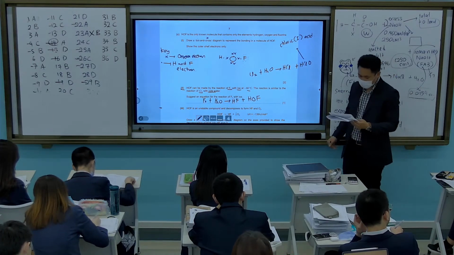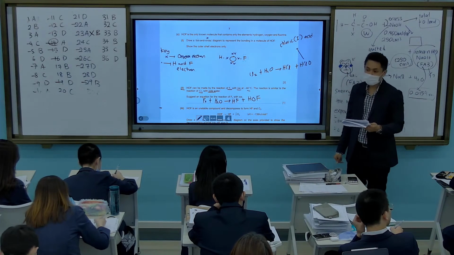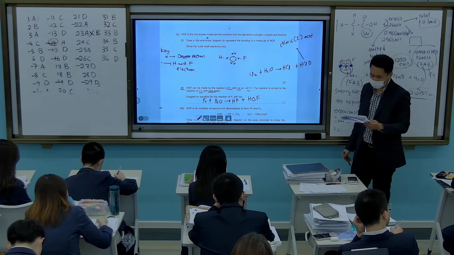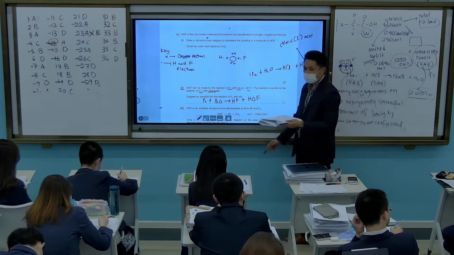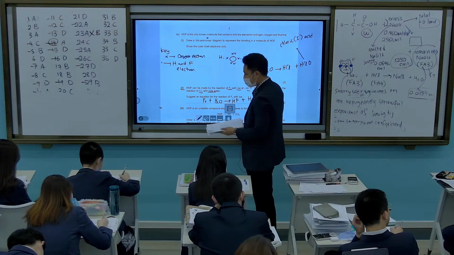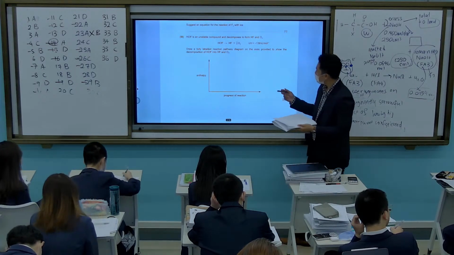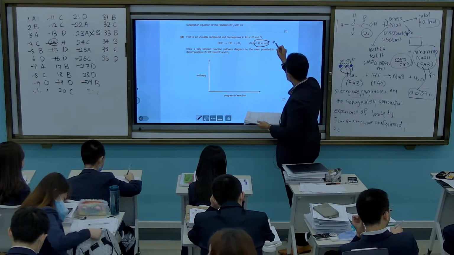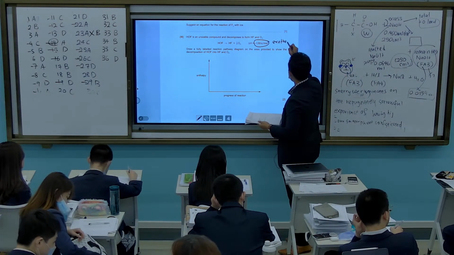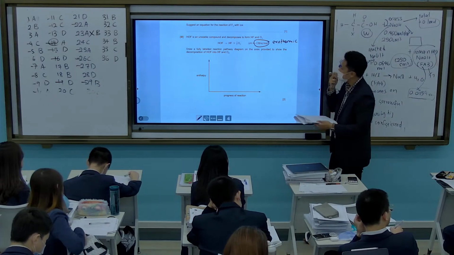Now, for part 3, they say HOF is an unstable compound, and it decomposes to form HF and O2. So I'm going to erase this. Now, if you take a look at the reaction here, what do you need to know? Look at the value of this one. It's negative, so it's exothermic.